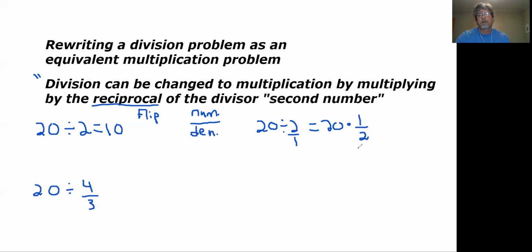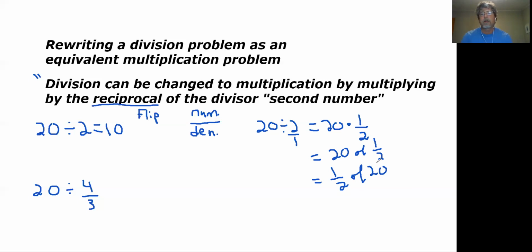1 over 2. Another thing we learn in math is since we're involving fractions, the word of comes into play. I could say 20 of a half. Now, it probably makes better sense to say half of 20, because remember, in multiplication, you can move things around.